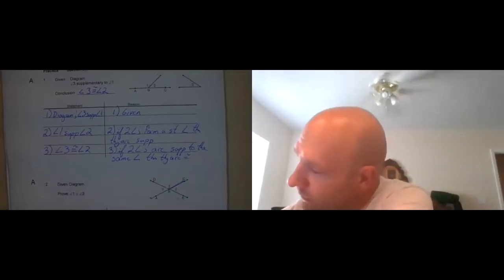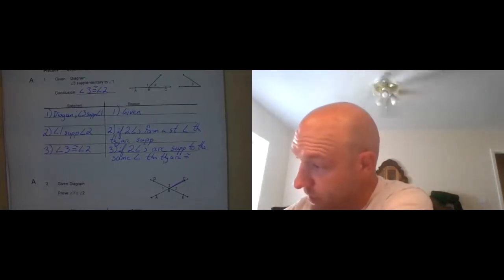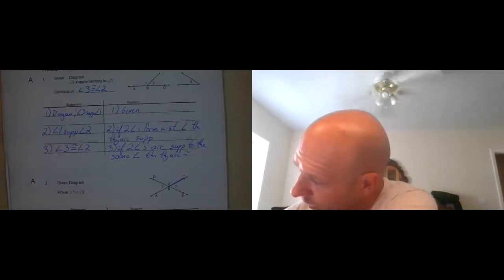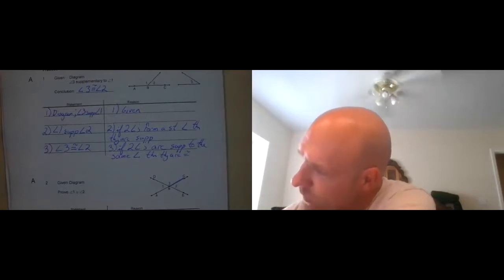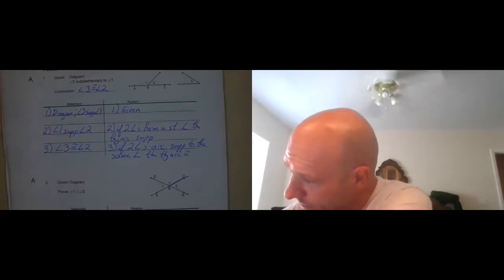So here we go. I should start with my givens. Step 1 is the diagram, which is given. In step 2, I'm going to say that angle 1 is supplementary to angle 3.